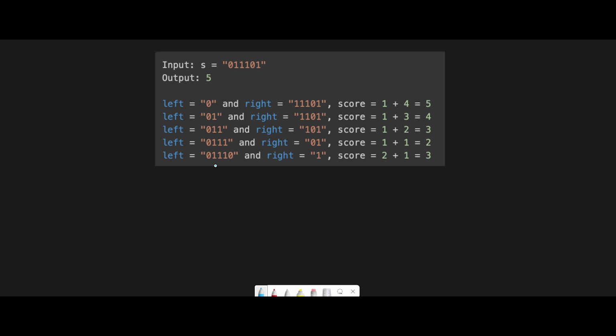Okay, so let's talk about how we get the max score of the left substring. Let's focus on the last case. We found more 1s than 0s on the left side, so we want to place these three 1s to the right. That's because we cannot sort the input string, and we don't want to throw away the 1s if the number of 1s is larger than the number of zeros on the left side.